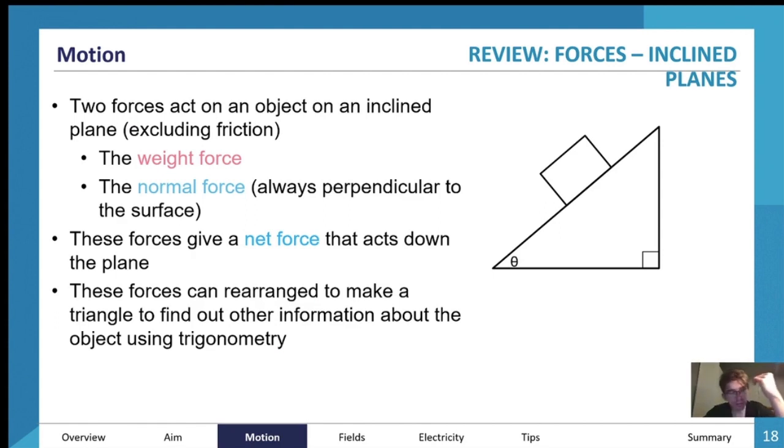Now, when it comes to inclined planes, there is a lot of confusion between inclined planes and banked inclined planes and banked tracks.